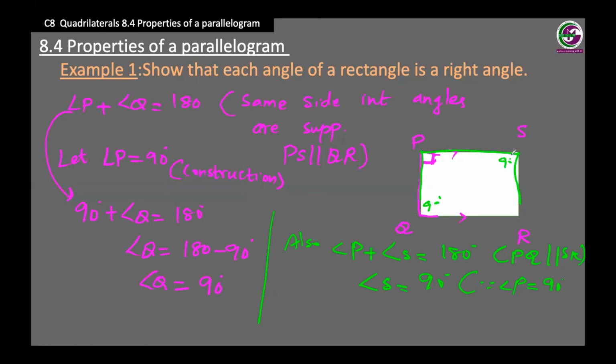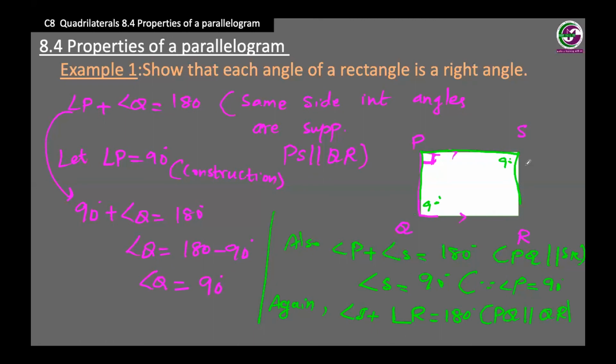Same way if you take between S and R, again, angle S plus angle R is 180 degrees. Why? Because PS is parallel to QR.